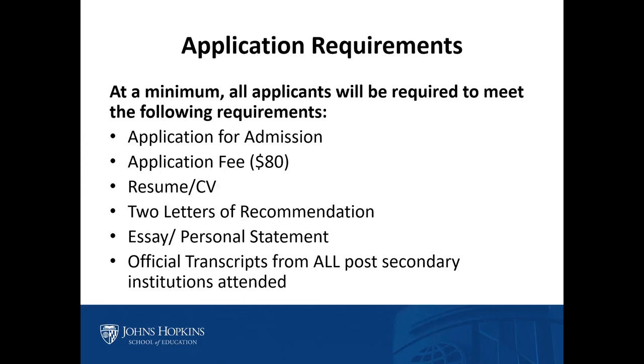Discuss the strengths and weaknesses in your academic background, as well as any additional comments that will assist in evaluating your application materials. Lastly, we need all official transcripts, including from institutions where you may have taken courses but did not receive a degree. Again, this is from all post-secondary institutions that you have attended.